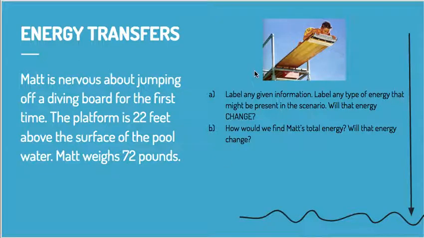So for part A, we are labeling any given information and any type of energy that might be present. So we know that he has a mass of 72 pounds. I'm going to go ahead and label this. Mass equals 72 lbs, which is the abbreviation for pounds.